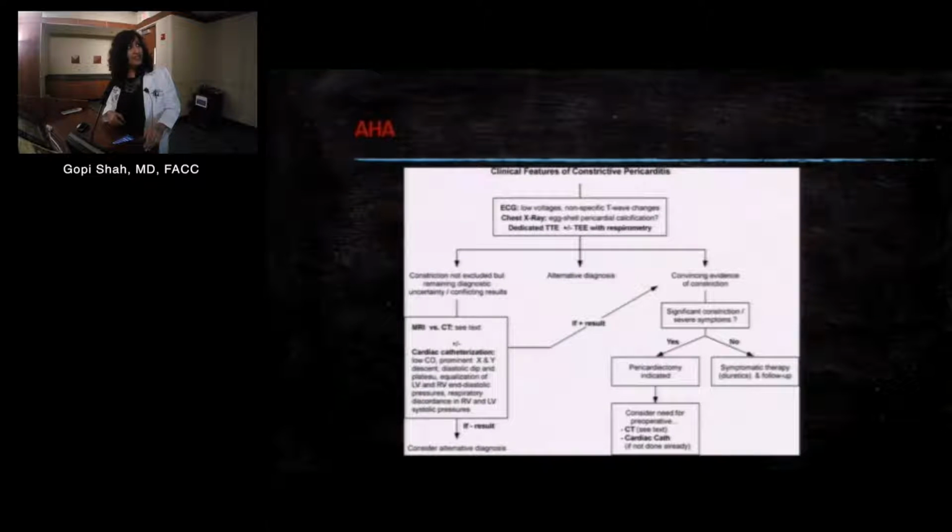And if you cannot rule out constriction, additional imaging with MRI and CT will also be done at that point. Now, MRI obviously has an added advantage over CT, in that you can get the same hemodynamic functional data that an echo gives you from an MRI. CT you can get, but you would be exposing a patient to a lot more radiation, and therefore you're not going to do it.